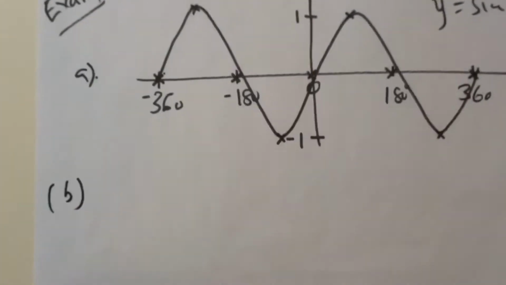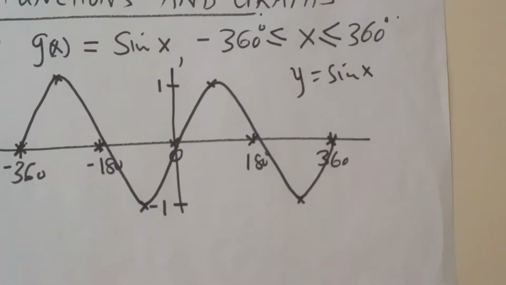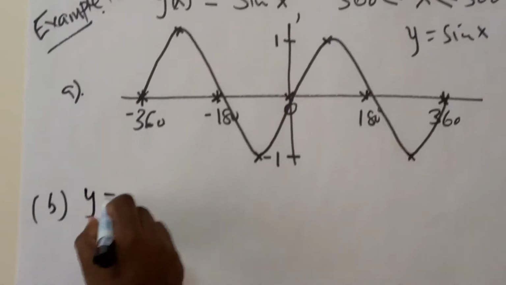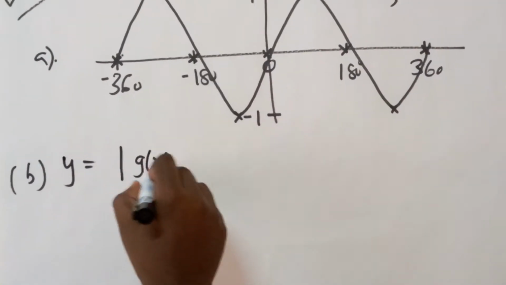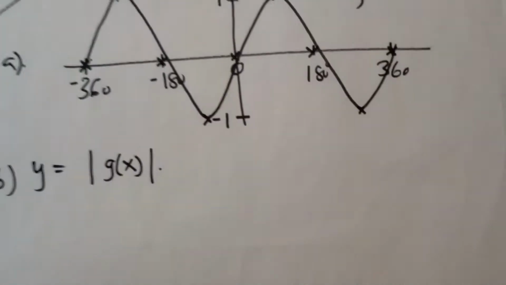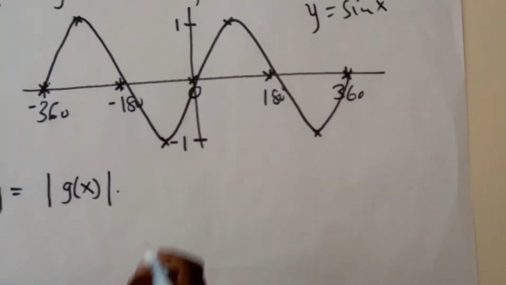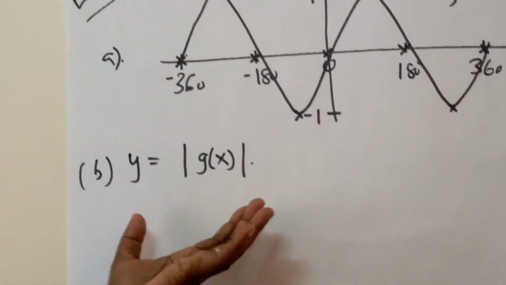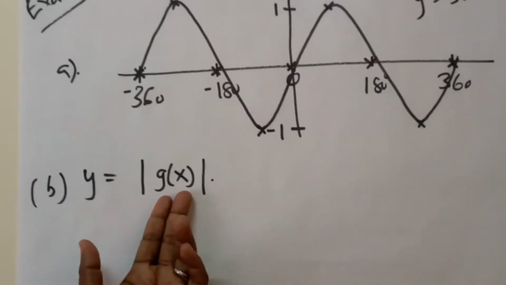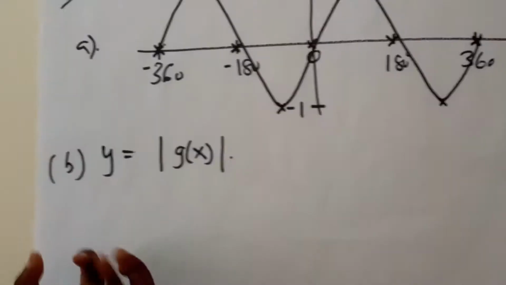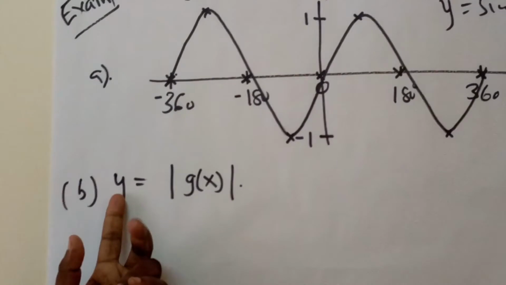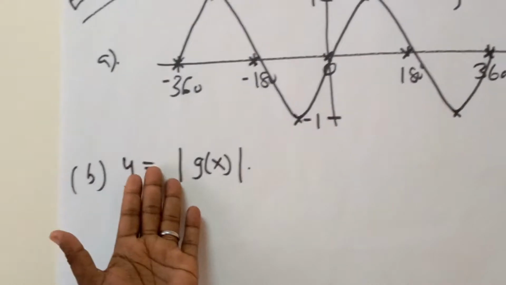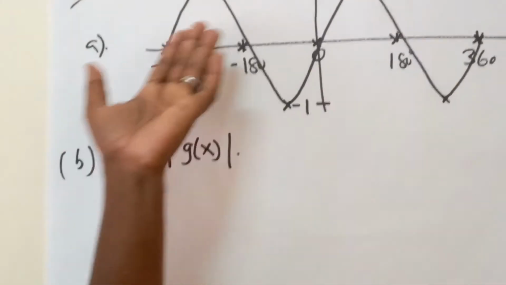There is part B, whereby we are supposed to sketch the graph of y equals the modulus of the function of x. As you can see, the modulus is upon the whole function, and therefore we are not supposed to give the values of y as negative numbers, because even when they are supposed to be negative, they are made positive by the modulus.